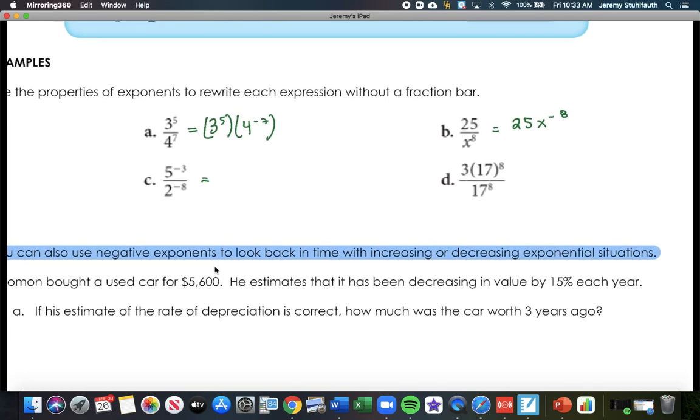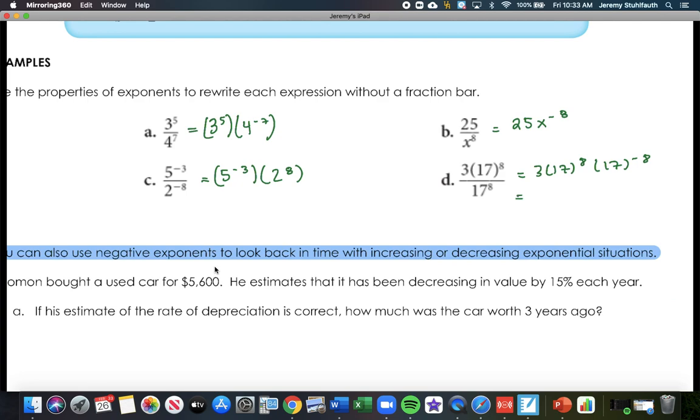Here we would have 5 to the negative 3rd power times 2 to the 8th power. And finally, we would have 3 times 17 to the 8th power times 17 to the negative 8th power.